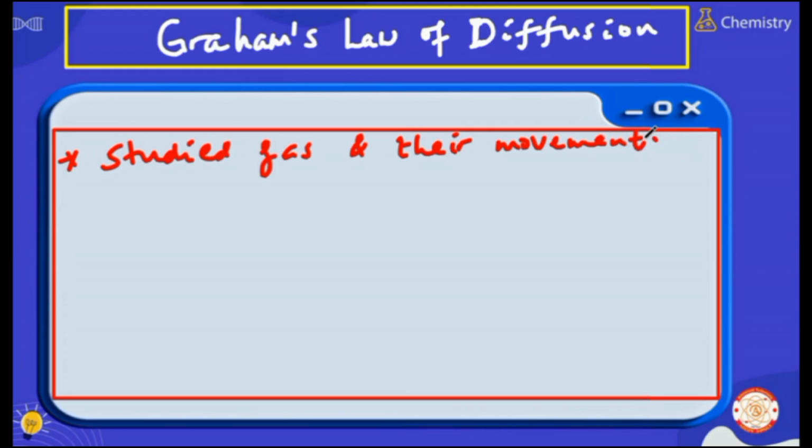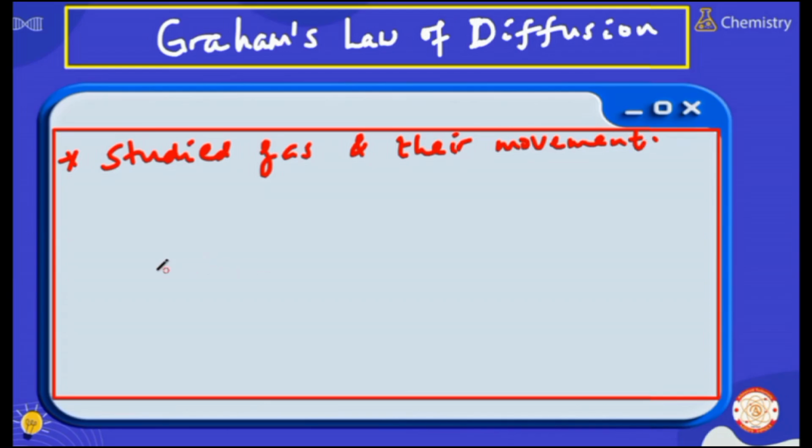And he discovered a relation between gas speed and molar mass.